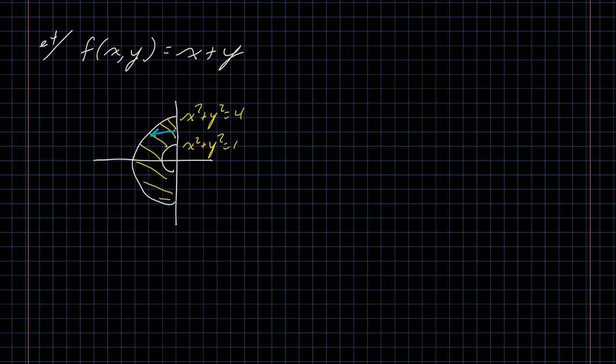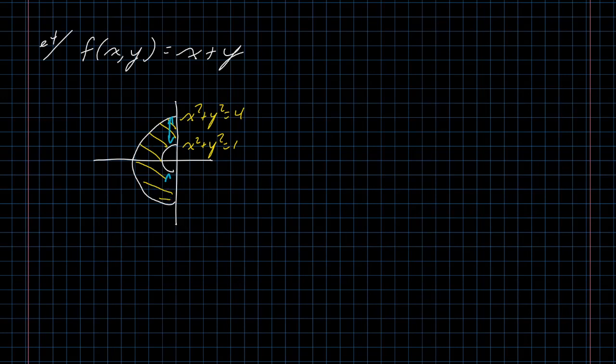And we could set this up integrating with respect to x. We realize we have to break this into 3 separate regions where things change. Integrating with respect to y, we again find that we have to break this into 3 separate regions where things change between them.